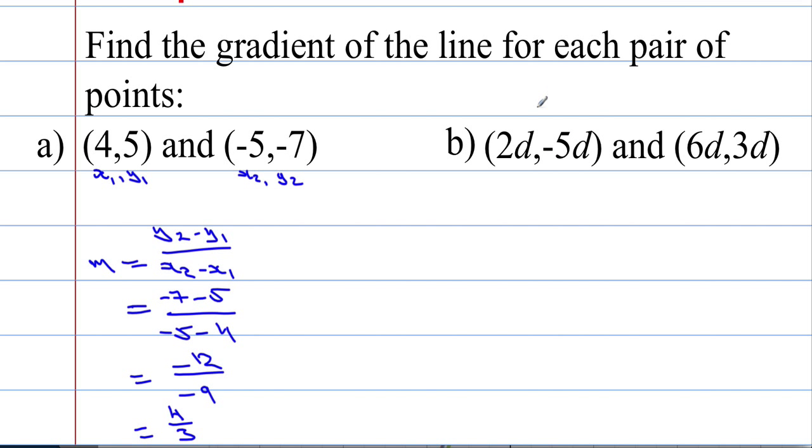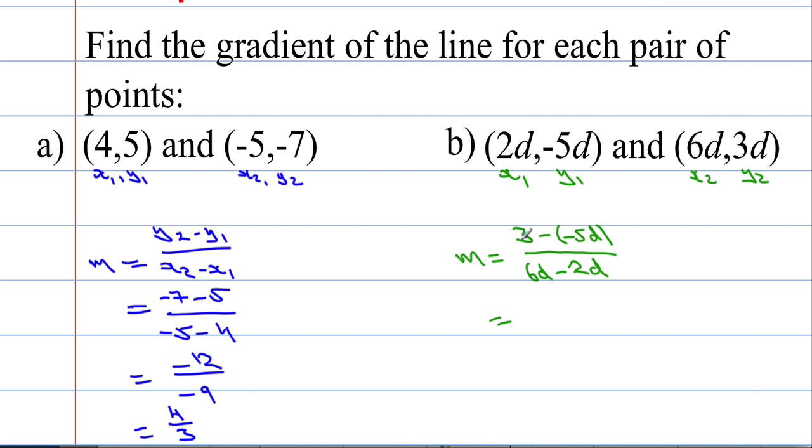Same approach, label the points, x1, y1, x2, y2. Going to use the same formula. So m is going to be equal to y2 over here, 3d, minus y1, which is negative 5d. You might notice I put brackets around the negative 5 just in case, over x2, 6d, minus x1, 2d.